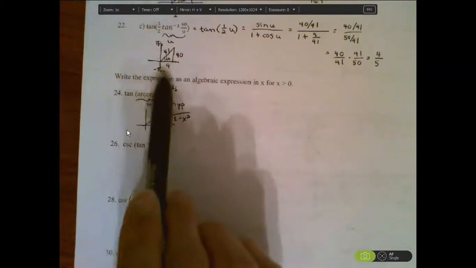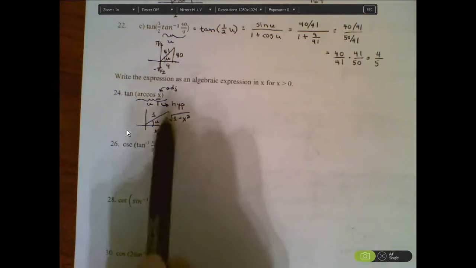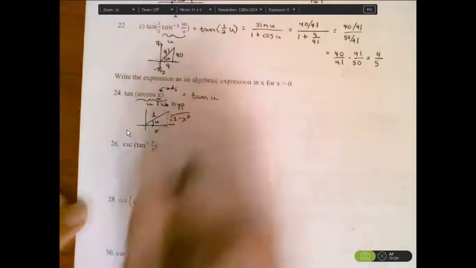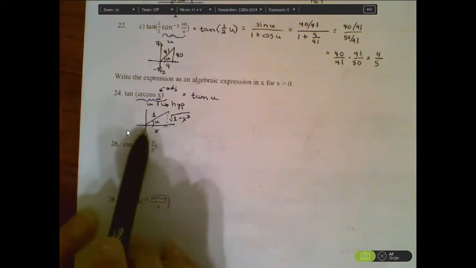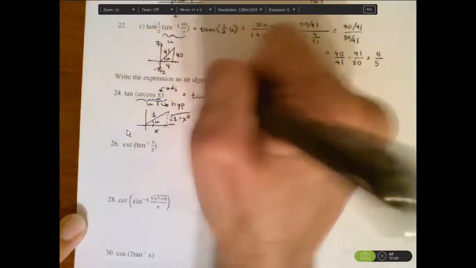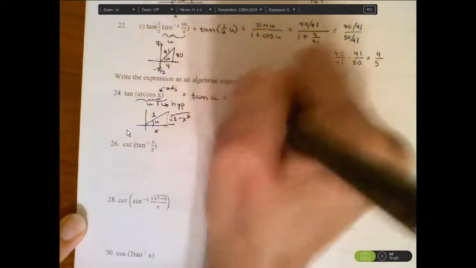So just like in 22, we have a first quadrant angle, we have all 3 sides labeled, and now I can find tangent of that angle u. Tangent of u would be opposite over adjacent, or square root of 1 minus x squared over x.